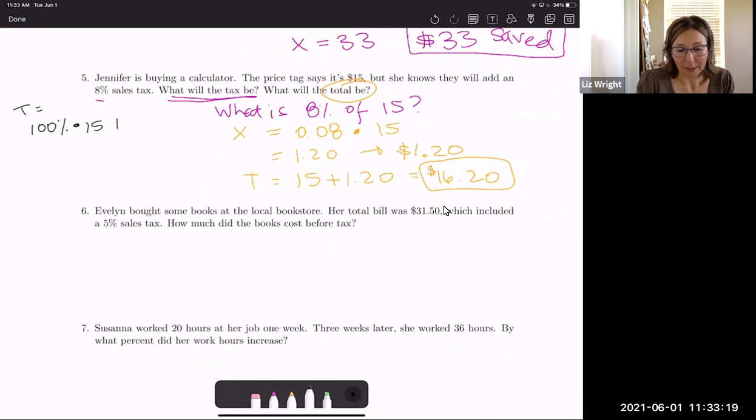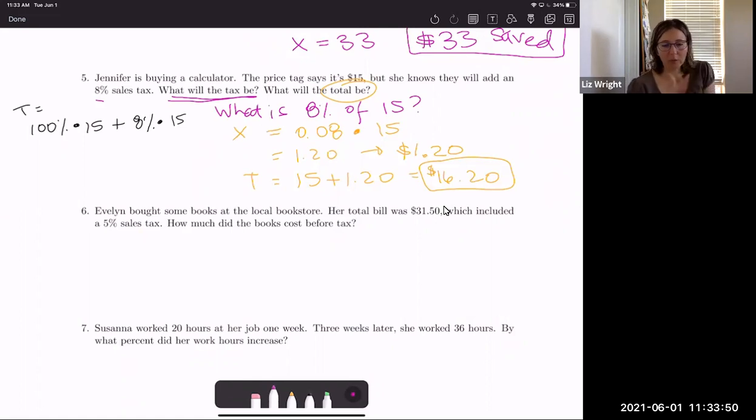And then we're adding to that a sales tax, which is 8% of 15. So far so good. Our total cost is 100% of the cost of the calculator, which is $15, plus an 8% sales tax. So 8% of the cost of that calculator, which is 8% of 15.